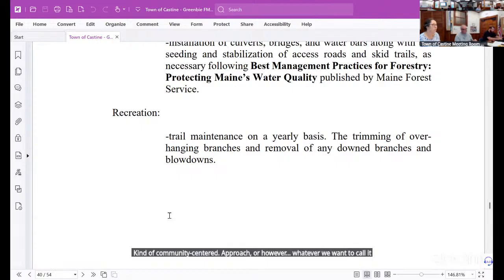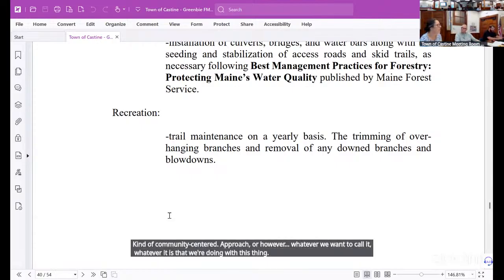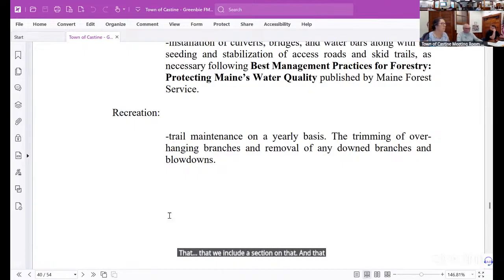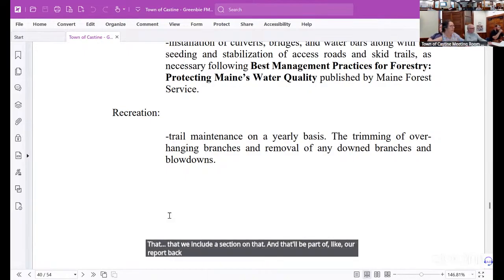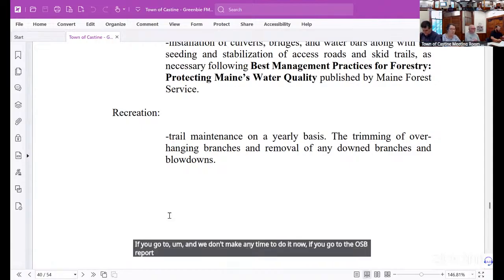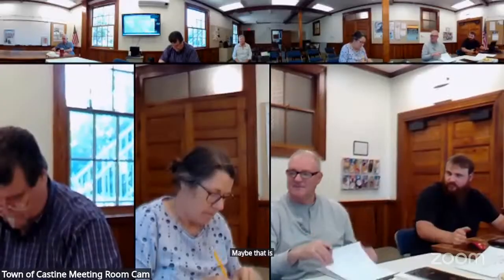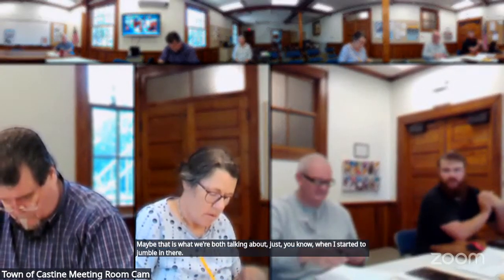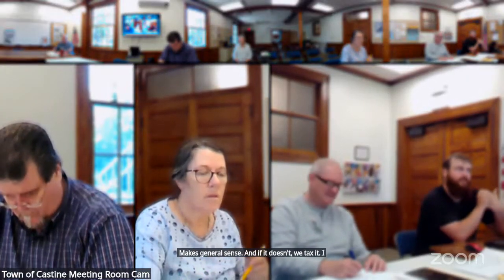That we include a section on that, and that'll be part of our report back too. We maybe don't even have time to do it now, but if you go to the overview report, I added section 10. Maybe that is what we're both talking about. See if what I started with makes general sense, and if it doesn't, we can edit, and my feelings will definitely not be hurt.